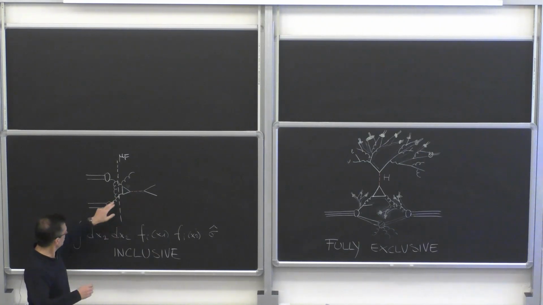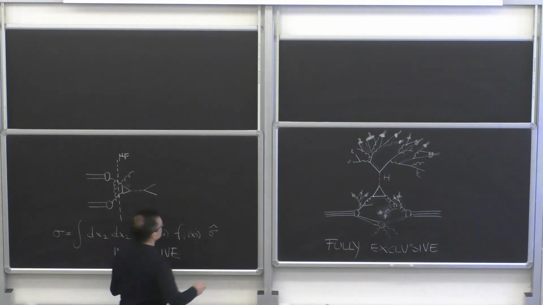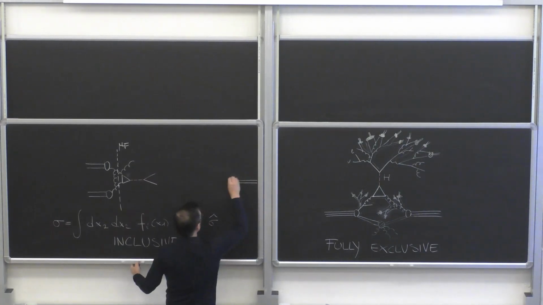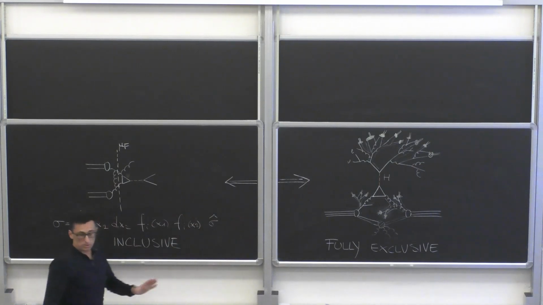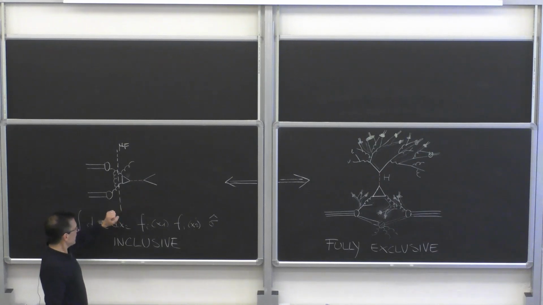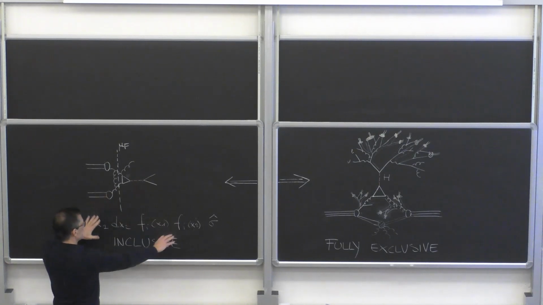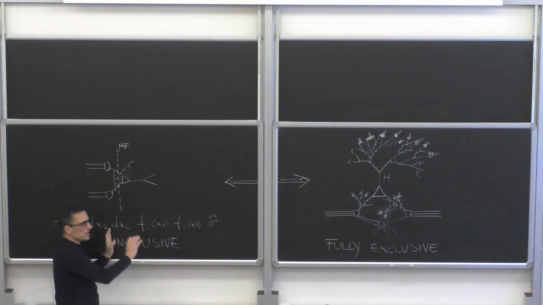All the emissions which happen in the initial state are integrated out in the PDF up to a given scale. So the question is, is there a way to link these two pictures in a rigorous way? Is it possible to unravel all the inclusiveness which is implicit in this formula and make it exclusive?